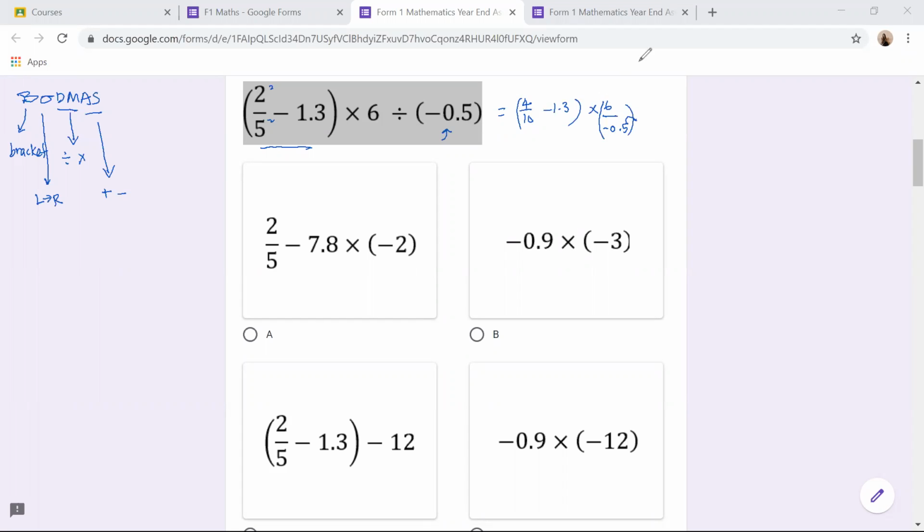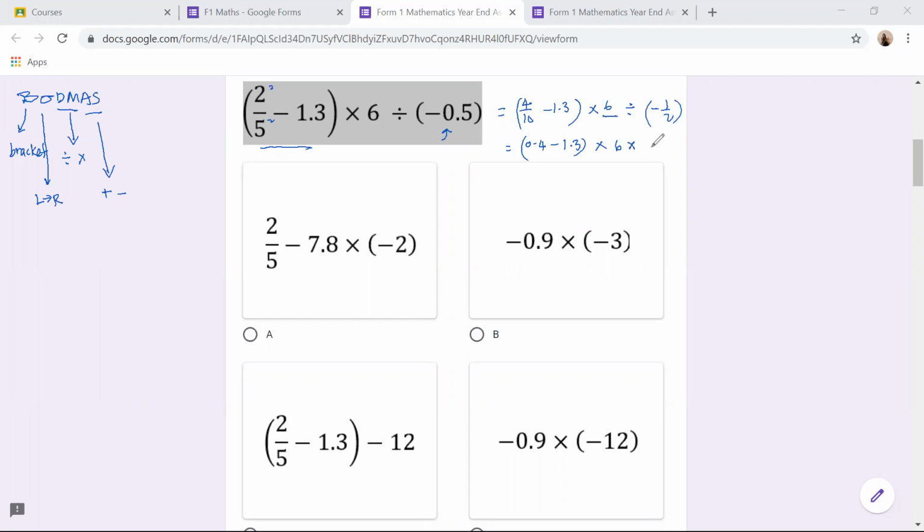If you don't do that, it's fine. We just write like this, divided by negative 1/2. Okay, it's easier. Now over here will be 0.4 minus 1.3 times 6 divide by negative half.